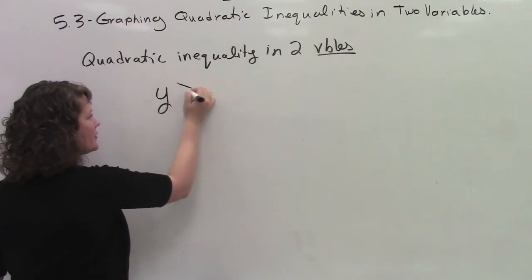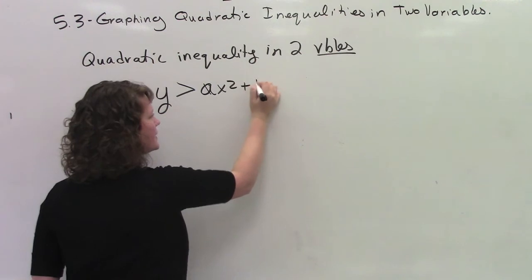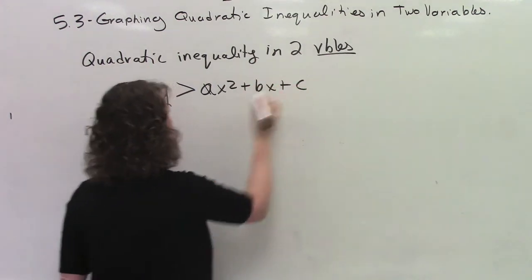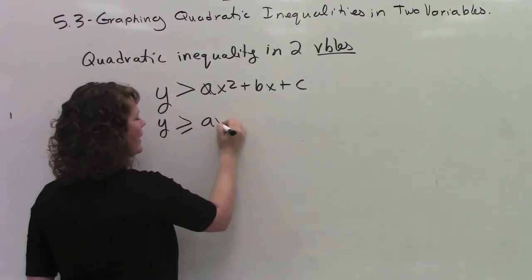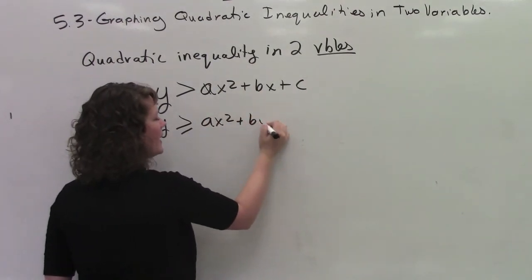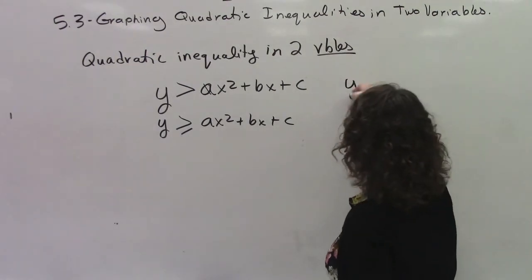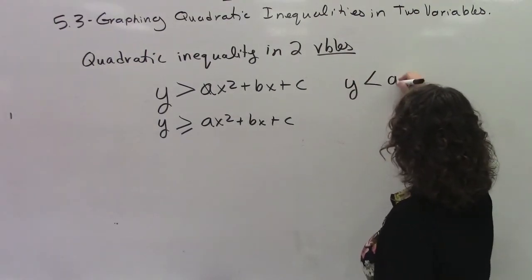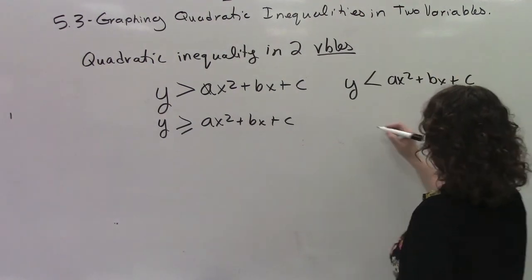y is greater than ax squared plus bx plus c, or y is greater than or equal to ax squared plus bx plus c. I think you see where this is going. y is less than ax squared plus bx plus c.